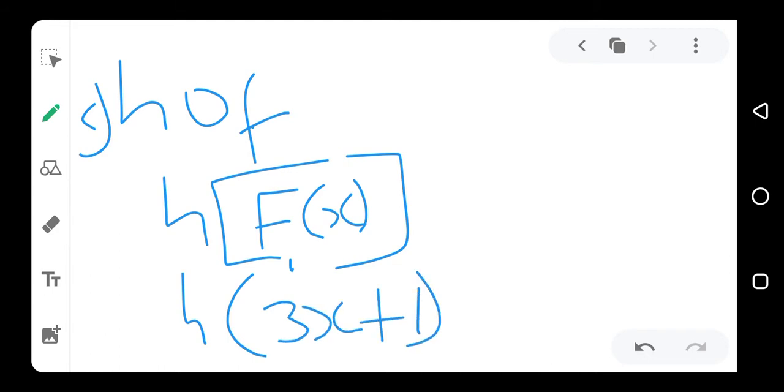Now we look for the function h of this expression by replacing every x in h by the expression for f of x. Our h of x is x.